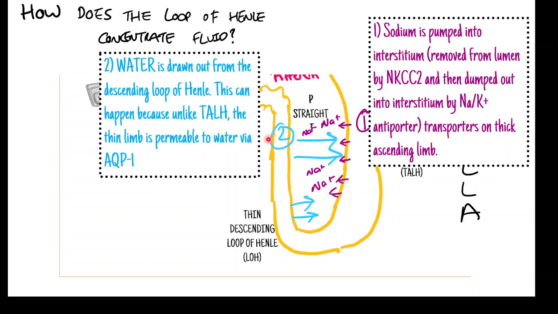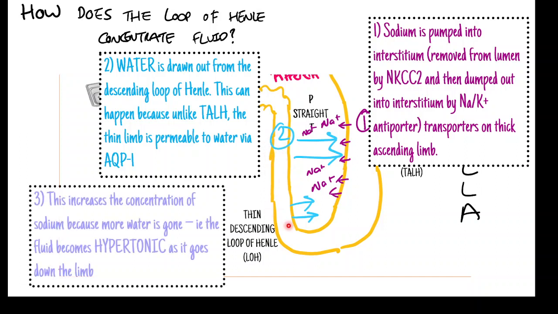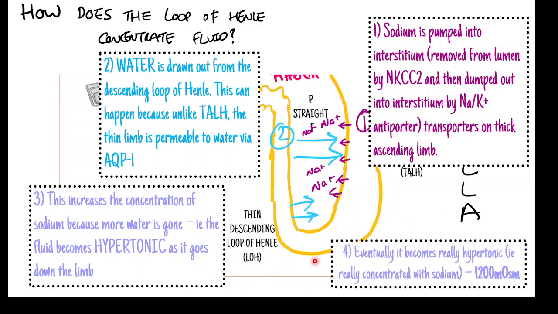How does this affect the lumen here? Well, the lumen is losing all its water, so it's becoming more and more concentrated. It's becoming hypertonic. By the time you get to the bottom of the limb, it gets really, really hypertonic, to the point where you get, this is a key number here, 1200 milliosmoles.